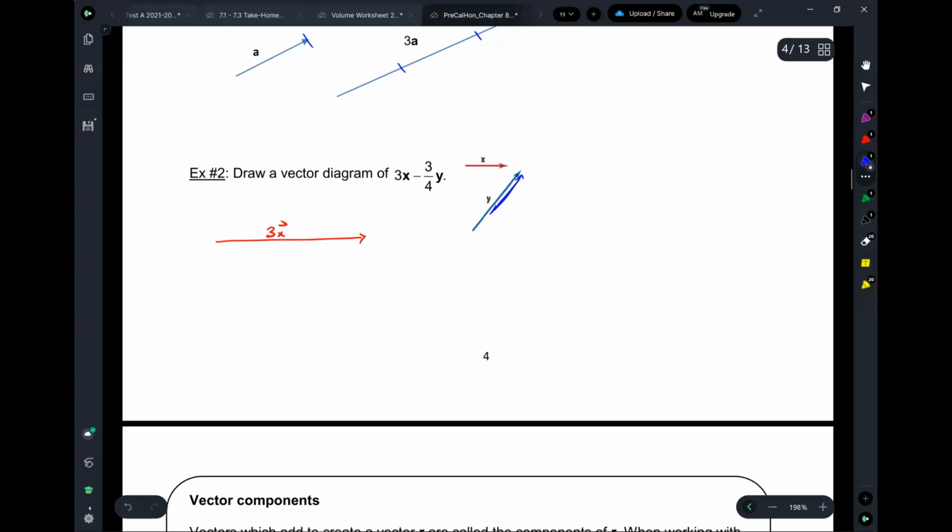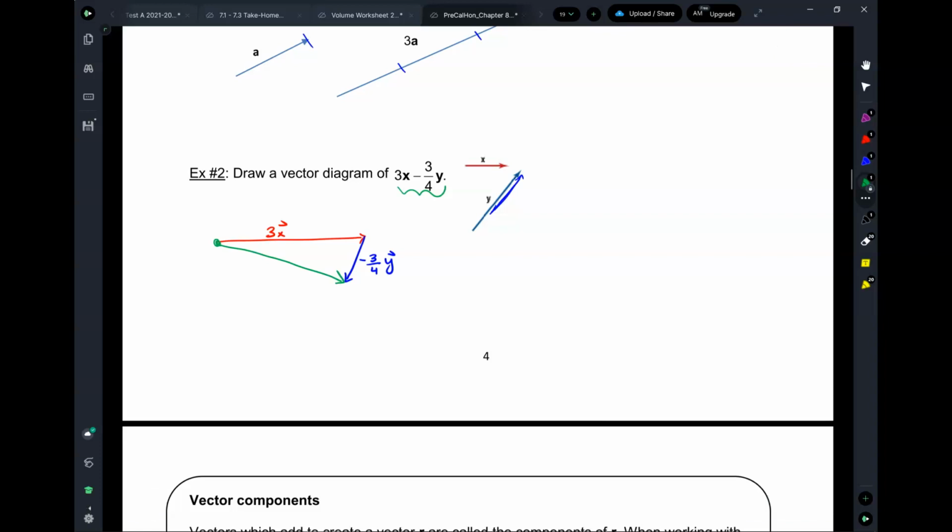But if you have minus 3/4 y, that also changes the direction, so it would be a smaller vector than that here. The sum of these two is the resultant vector, so it would go from the beginning here all the way there.